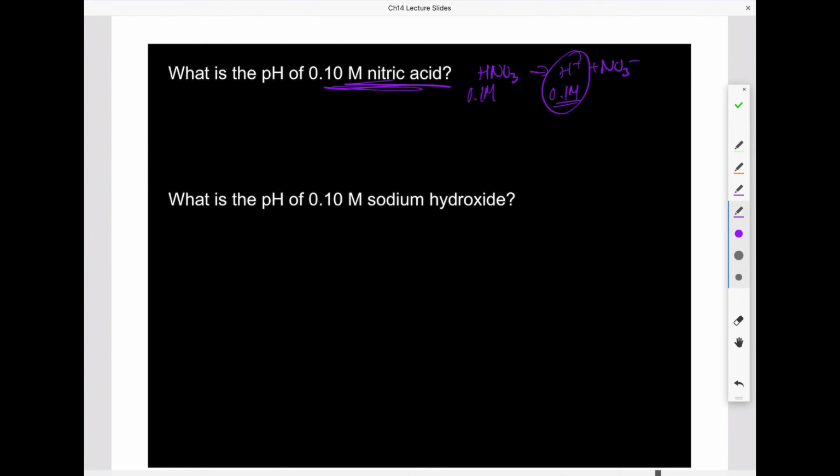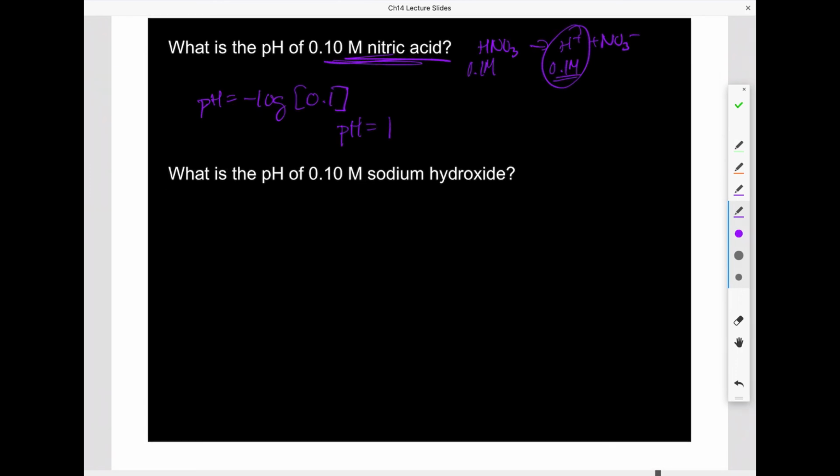Yes? So then I'm going to set my equation up, which says pH is equal to the negative log of 0.1, and I would do my math, and I know that pH is equal to 1. Oh, and sig figs. There are two sig figs, which means that I would use two decimal places.